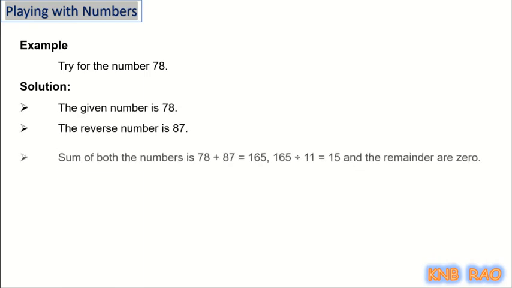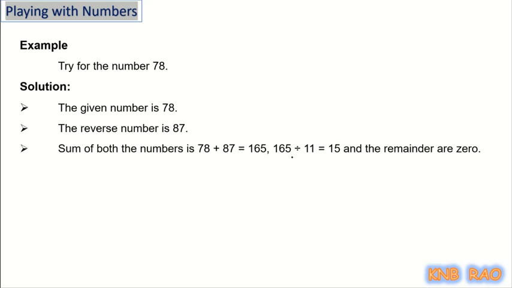Now, you reverse the number: the given number is 78, the reversed number is 87, their sum is 165, where 165 is the product of 11 and 15. So, 165 is the product of 11 and 15, that is, the sum of digits 7 and 8 gives you 15.